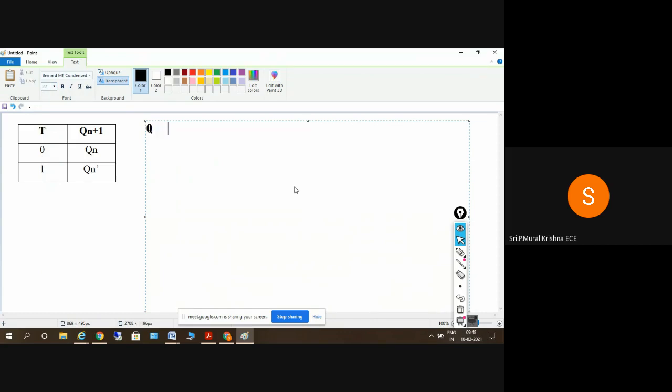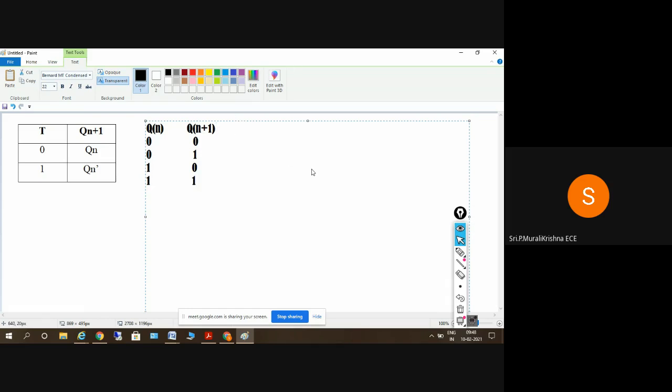So Q of n, Q of n plus 1. So these things are same here. So 0 to 0, 0 to 1, 1 to 0, 1 to 1. So these things are same.